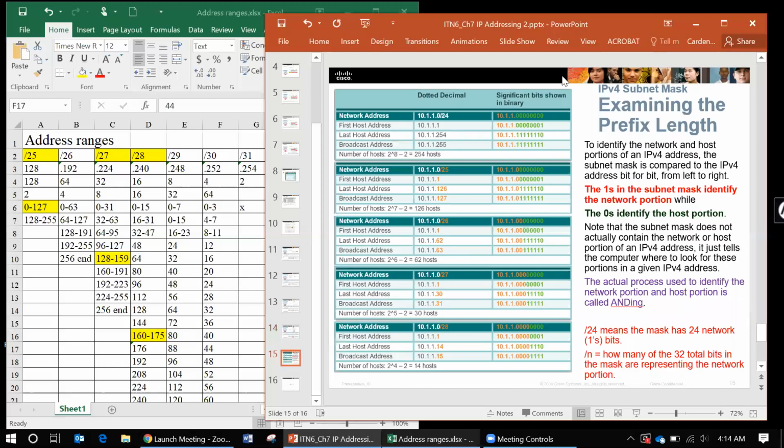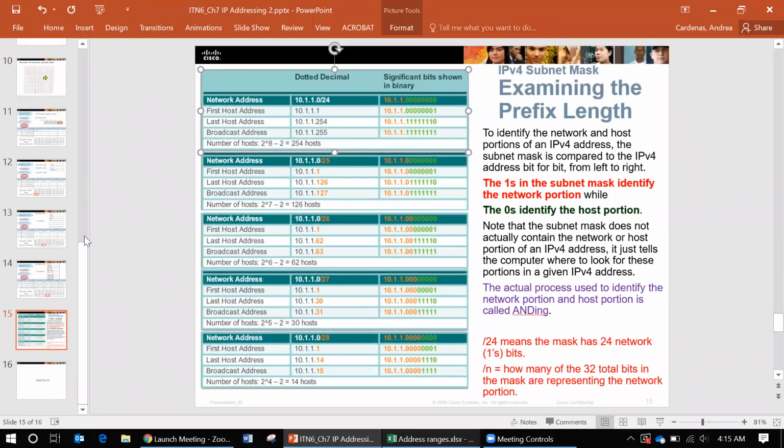Okay, and lastly, I just want to show you this chart here. Remember at the very beginning, I showed this very first one. If it's a /24, you actually have 256 addresses.